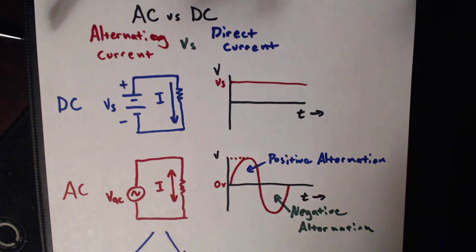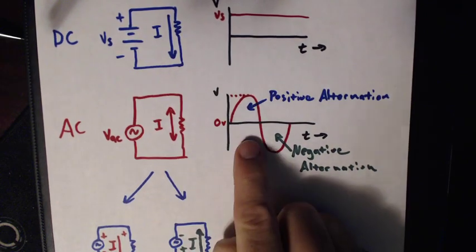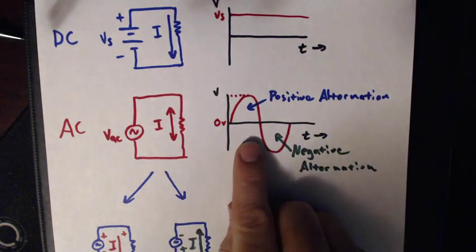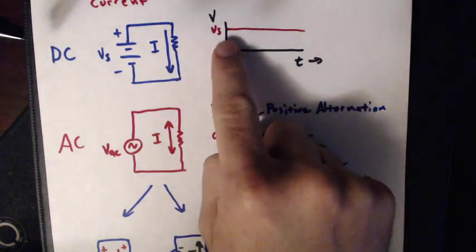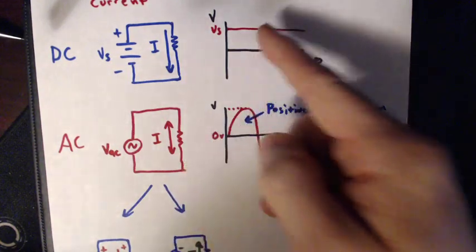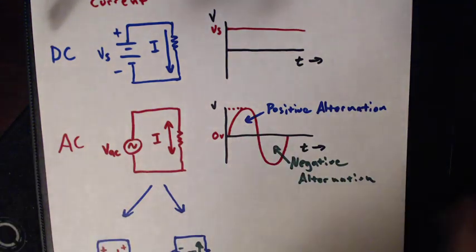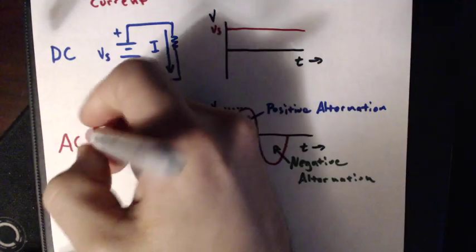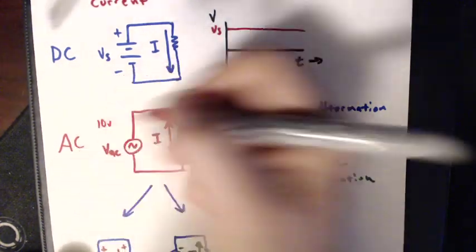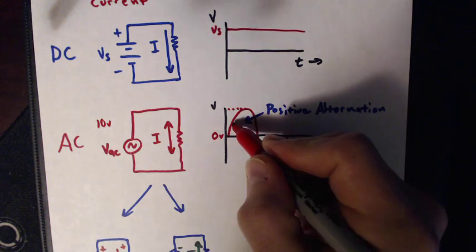So we need to now quantify what the magnitude of this is. When we're talking about DC, it's incredibly easy, because if this was 10 volts, we'd be at 10 volts all the way across. But over here, notice that if this was 10 volts, well, is it 10 volts up here? 10 volts down here?